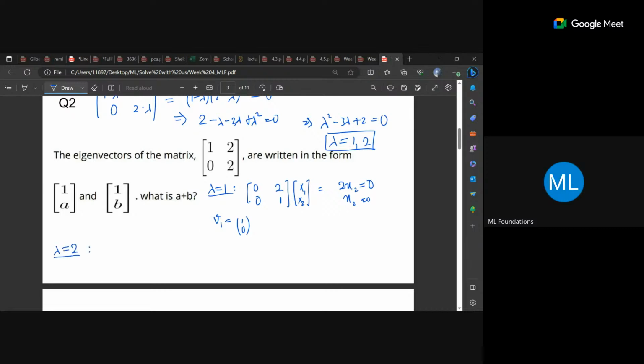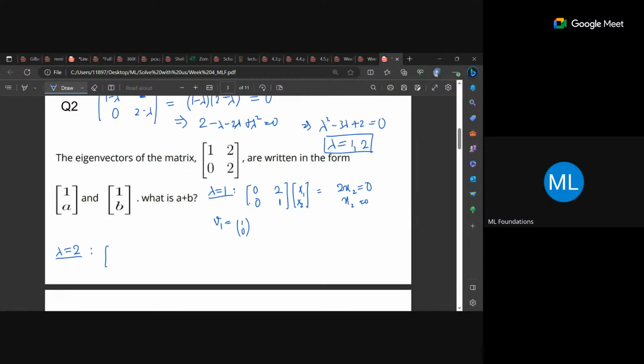In that case, you have 1 minus 2 which is minus 1, 2, and 0, 0, times x1, x2 equals 0. So you will get minus x1 plus 2x2 equals 0. So basically x1 is 2x2.